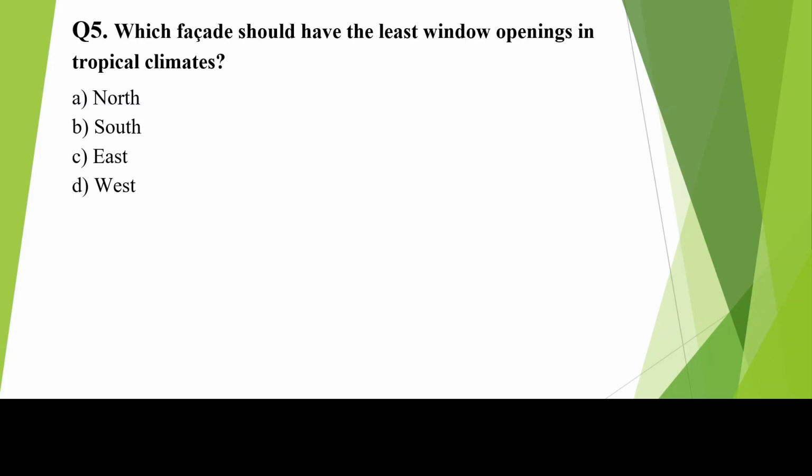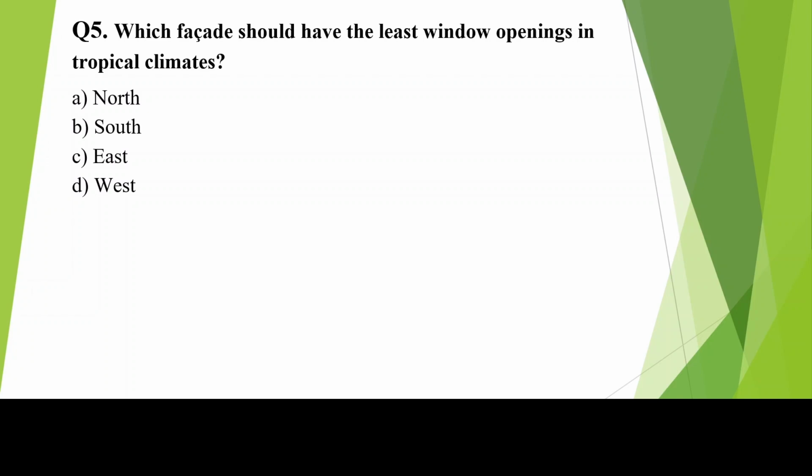This kind of question has also been asked in the assignment question of this week, where you have seen it was asked which side is getting the most sunlight. So you can relate it with the assignment question if you are able to answer it. Here it has asked where you will keep the least windows.